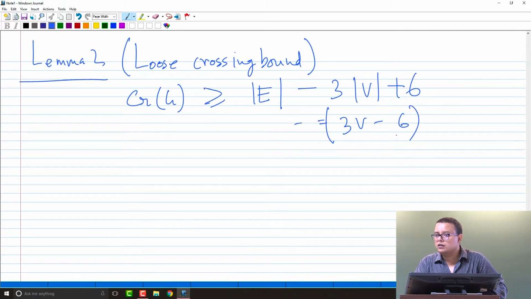Yeah, this is for general. So, let us say v is equal to 2. Will there be a crossing in that graph? If v is equal to 2, can there be a crossing?